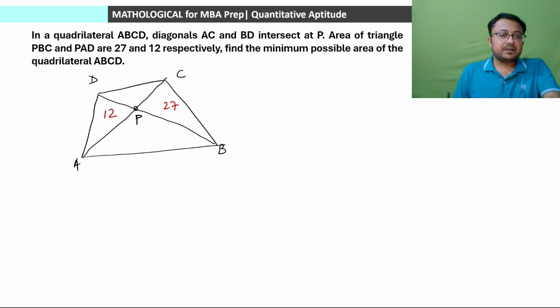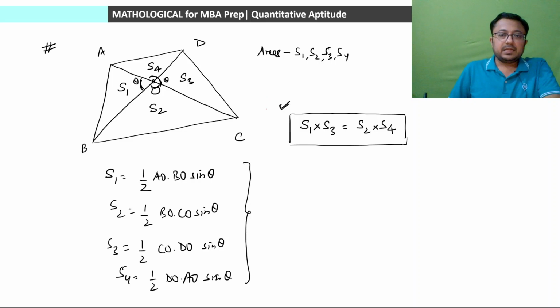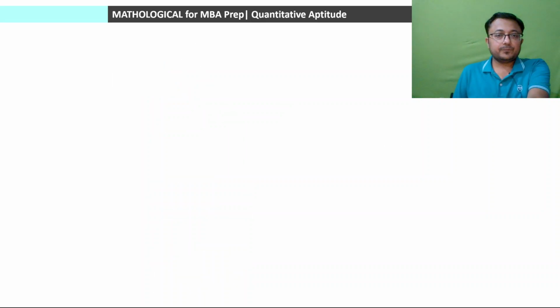So two values are given of the opposite triangles, and let us say the area of this triangle is S1, and of this is S2. So we know S1 into S2 for these given triangles will be 12 into 27. ठीक है, because the given property was that the product of areas of triangles opposite to each other is equal.